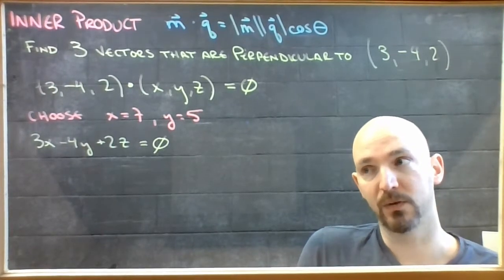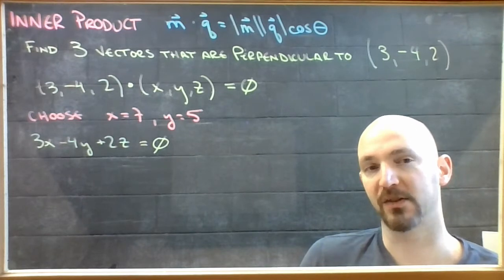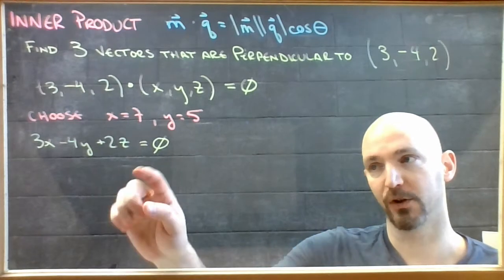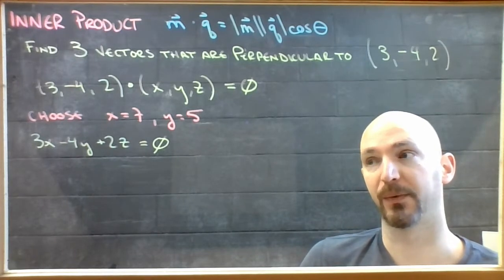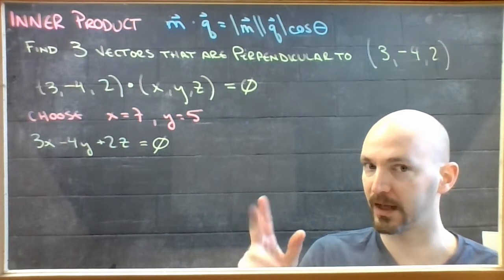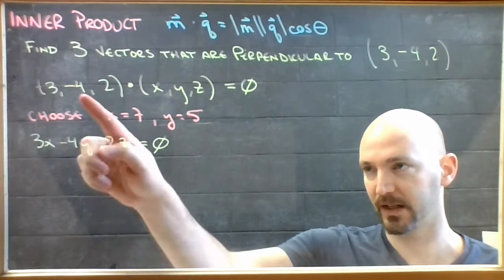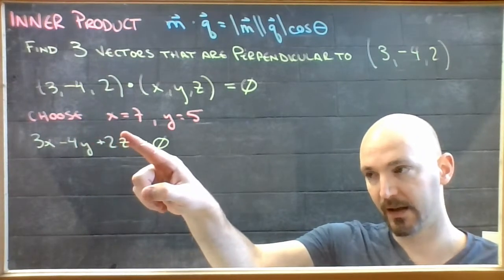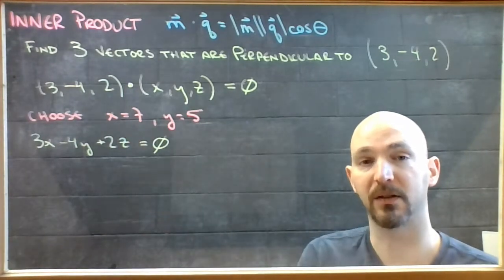Now, if you go to the end of this course and watch the sections on planes, you're going to find that this is the equation of a surface in 3 dimensions. You don't have to know what that means quite yet, but basically it means that this vector goes out through space and there's a whole sheet of vectors that are perpendicular to it.